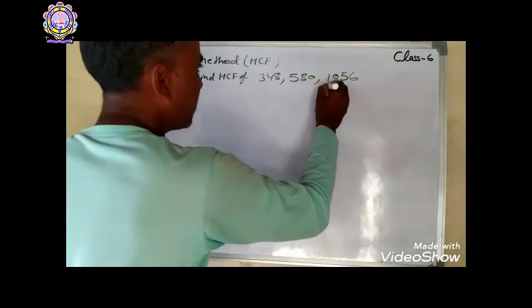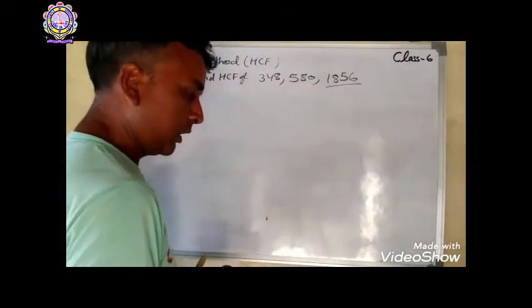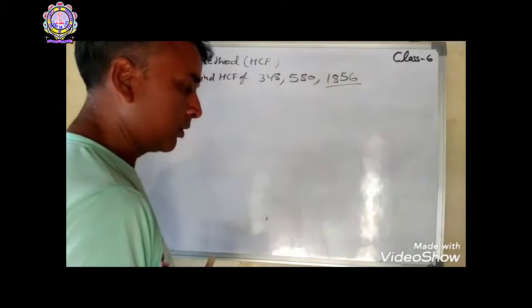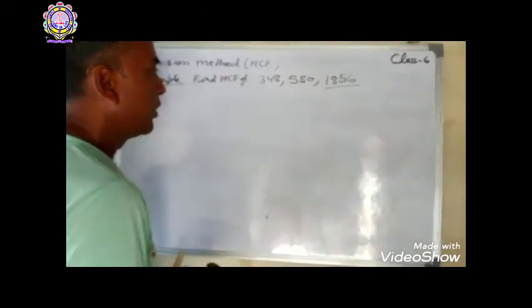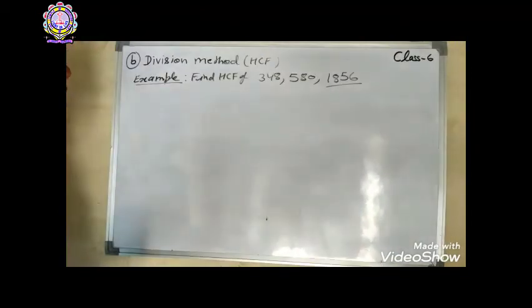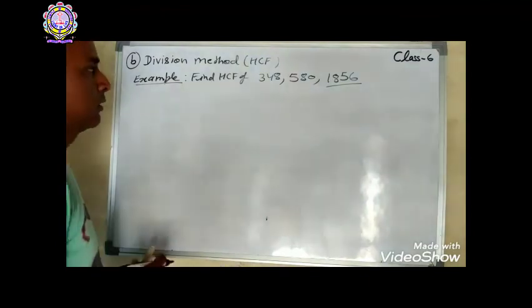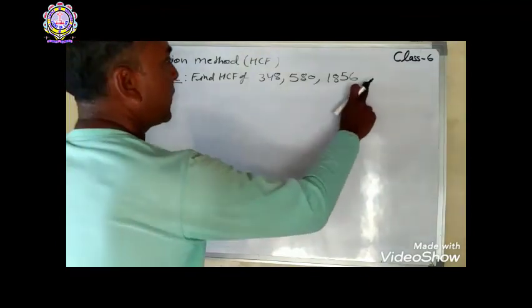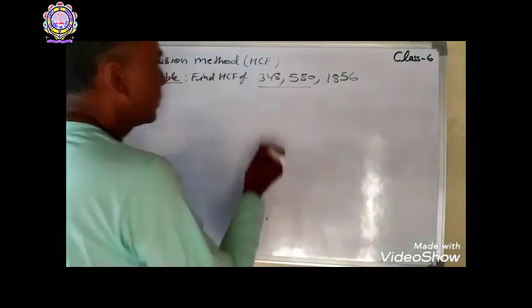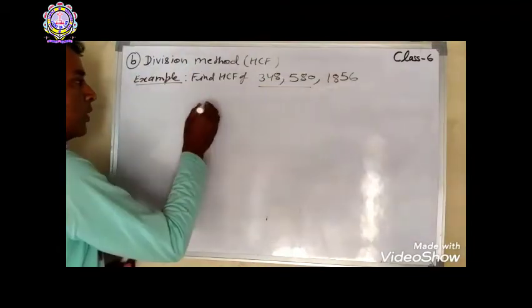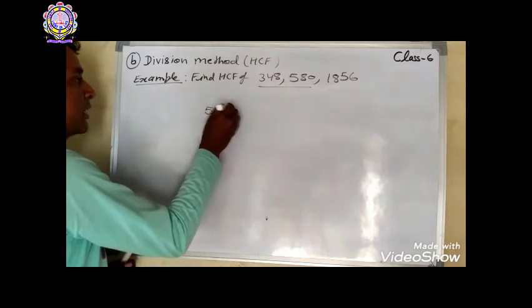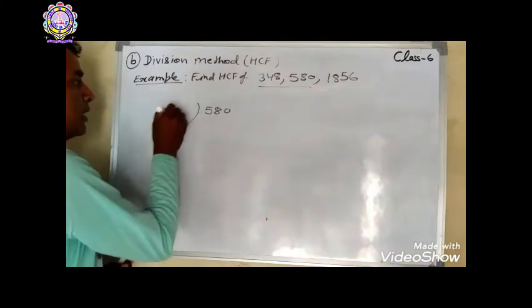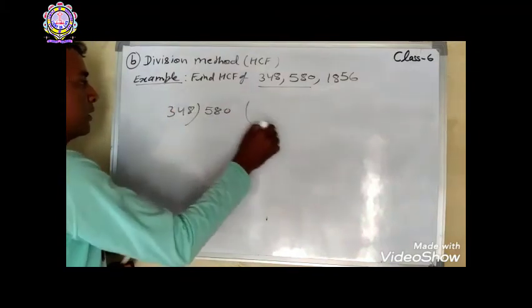Which is the greatest number? That is the greatest number, or you take any two numbers which you like, not only the greatest number, like these two. Of them, 580 is greater, then divide by 348.